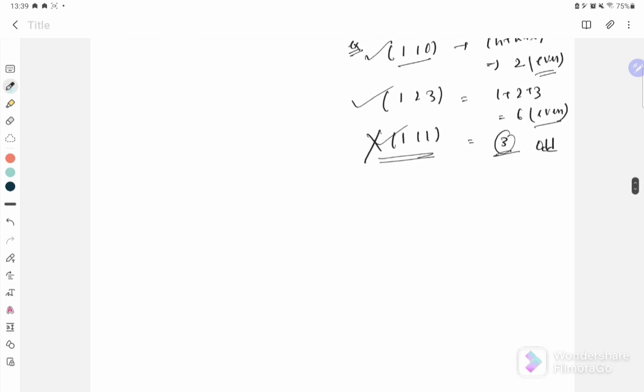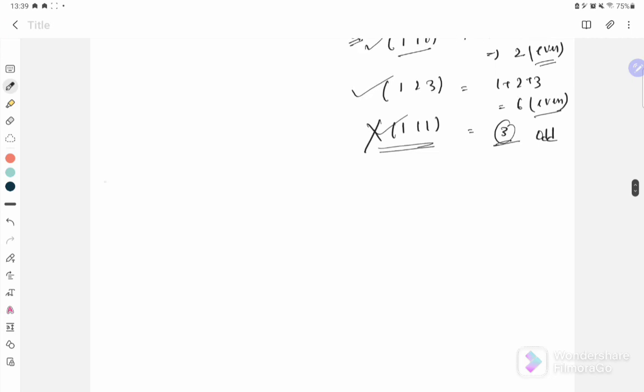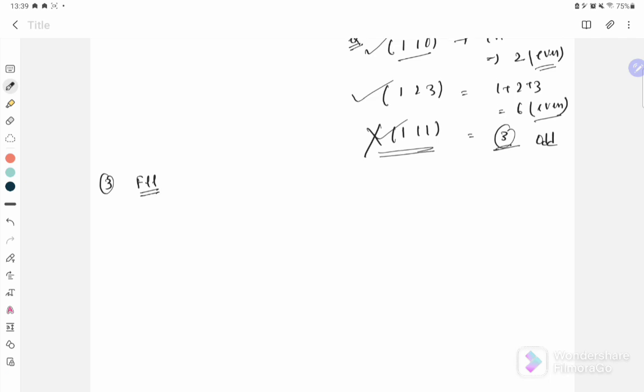So our third lattice is FCC, that is face centered cubic lattice.